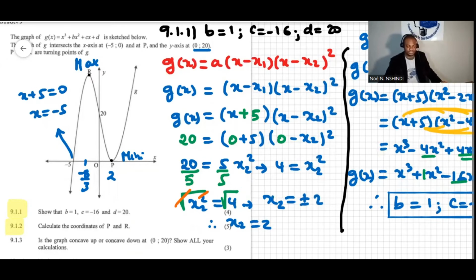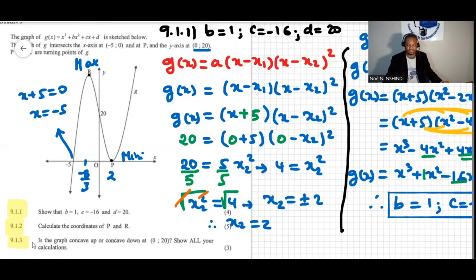Now the following question is question 9.1.3. The question asks: is the graph concave up or down at the point (0, 20)? Show all your calculations. At the point (0, 20), is this graph concave up or down?